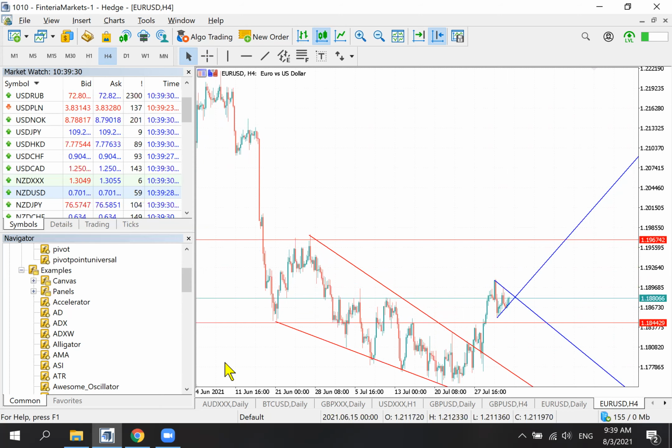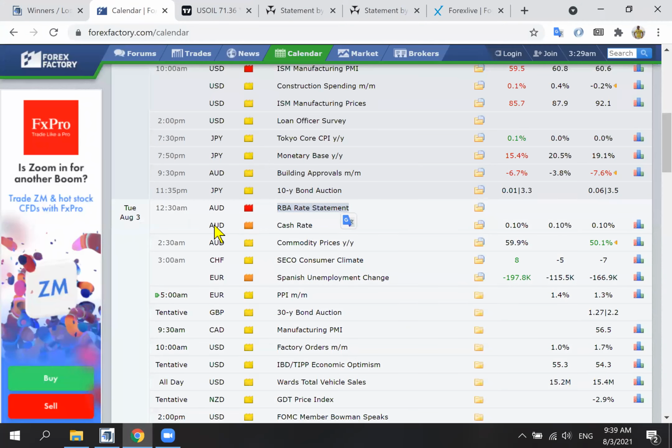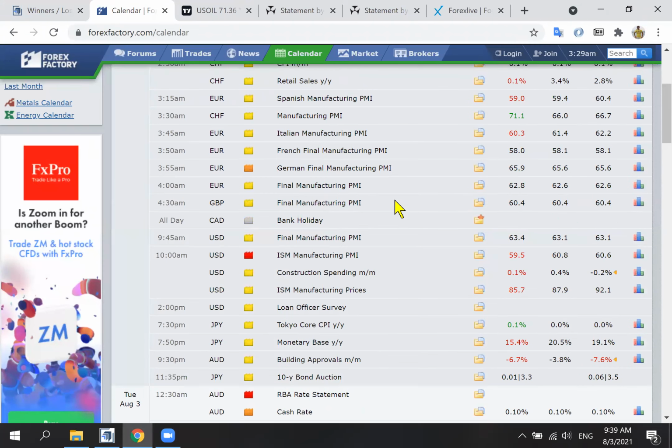In addition to the technical analysis, I usually look at what's happening on the fundamental background. First of all, I would like to highlight that yesterday we had a weak release in the ISM manufacturing PMI. The report came at 59.5. All values above 50 mean expansion of the manufacturing sector, so the data was actually quite good, but it was much less than expected.